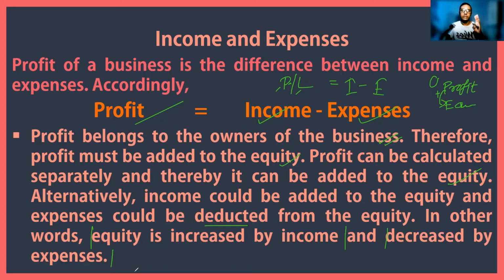Why do we add profit to the equity? Why do we add income to equity, and why do we subtract expenses from equity? You will understand this. I'm not going to dig deep into this at this moment. We will discuss it in lesson number 5.